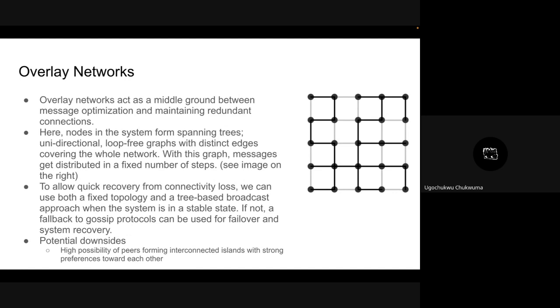Let's say we have nodes, I'm naming the nodes P1 up to P5. The way the overlay networks work is that you have a network of nodes which have their fan outs, like you explained earlier. The fan out is basically the number of nodes it sends messages to.